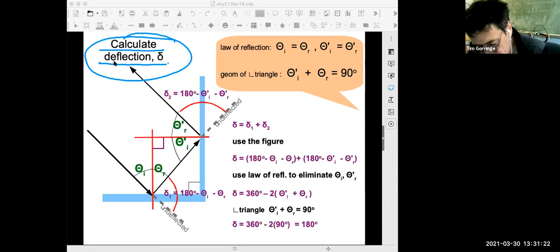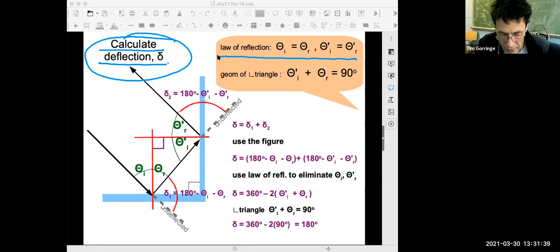There are two pieces of information that we're going to base our solution to this problem on. One is the law of reflection, which I've written down here. There's a reflection on this horizontal mirror, and the law of reflection says that the incident and reflected angles are the same.